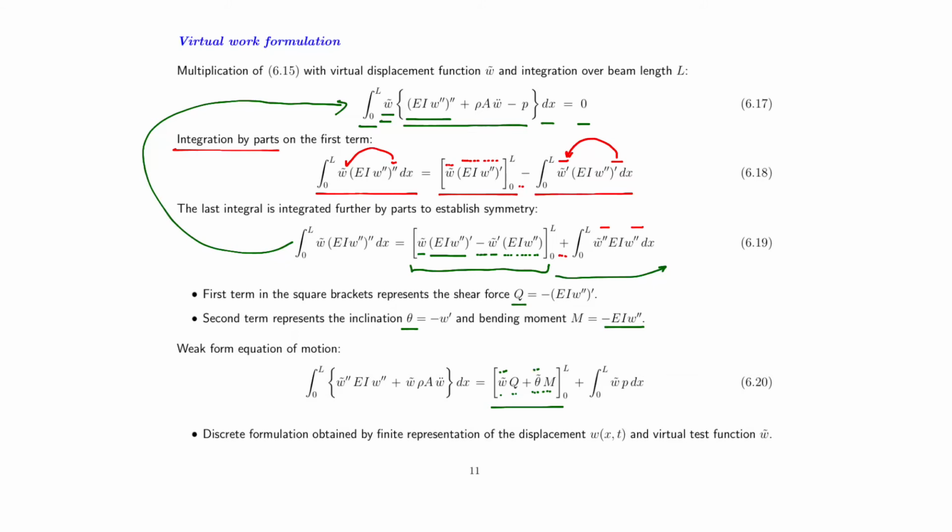So this square bracket term represents loads, forces, moments applied directly to the nodes of our beam element, whereas the final term, which comes from the third term in the upper equation, represents any distributed load that is then by this integral distributed to the two element nodes, referred to as equivalent nodal loads. On the left hand side, we maintain the stiffness term and the inertia term, where we in particular see that the stiffness term is now symmetric with respect to its derivatives.